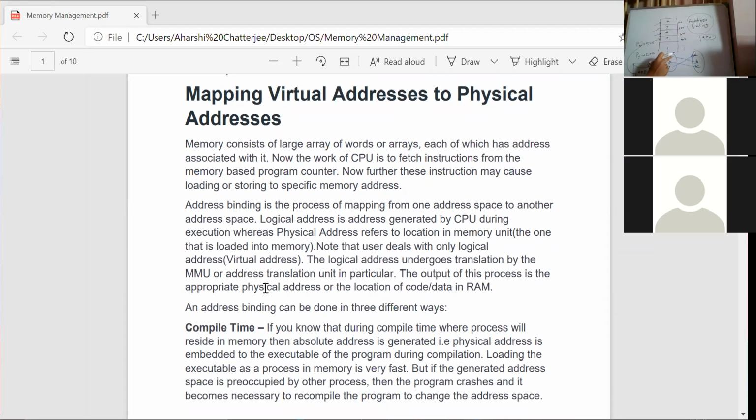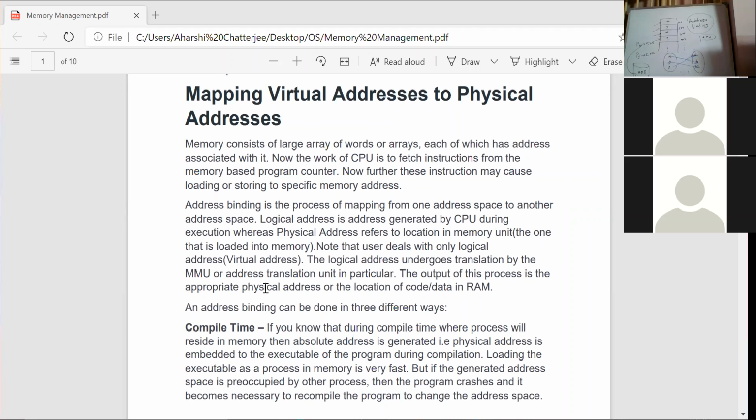That means X will be mapped to B, Y is mapped to C, Z is mapped to A. So this is the mapping. That means X is related to B, Y is related to C, Z is related to A. As simple as that. We say 1:1 mapping or 1-to-1 mapping, whatever you say.